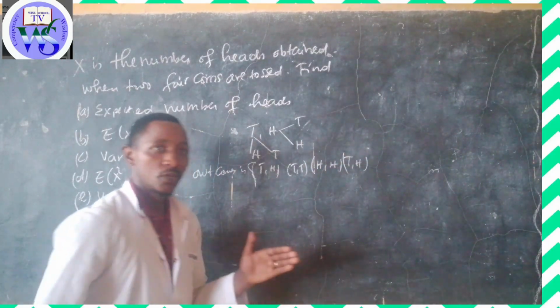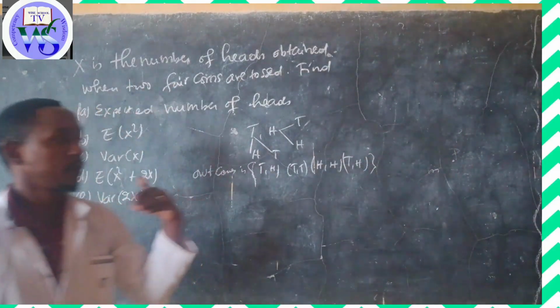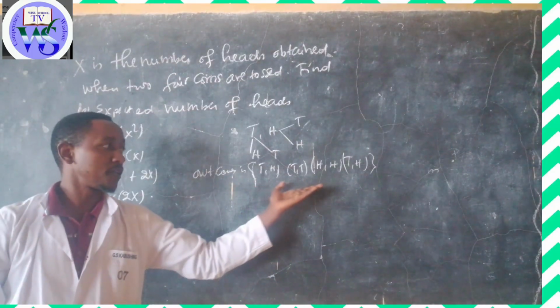So the outcomes are: tail-tail, tail-head, head-tail, and head-head. This is the set of outcomes when tossing two coins.